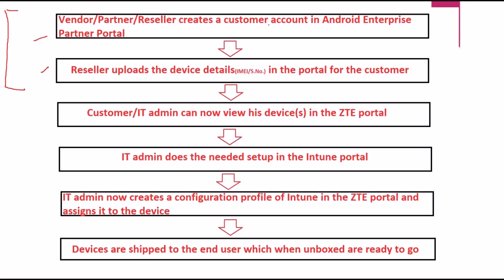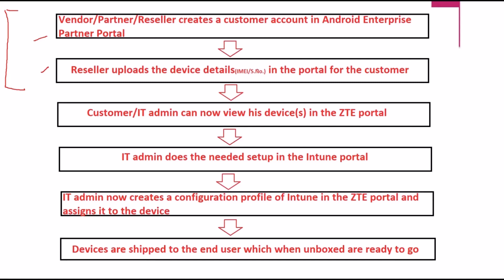Then for all the 10,000 devices that I have purchased, he is going to upload the serial number or IMEI number of those devices against Everything About Intune, or against the customer ID that he has just created, so that whenever I log into the same portal, I can see my devices which have been made available to me by the reseller. Okay, the reseller uploads the device details.